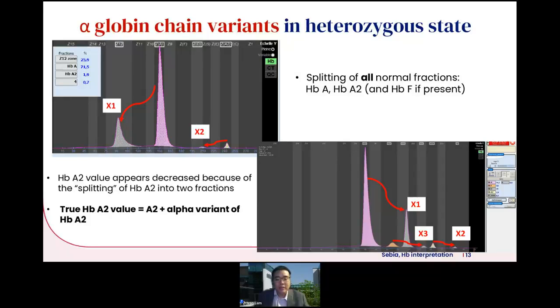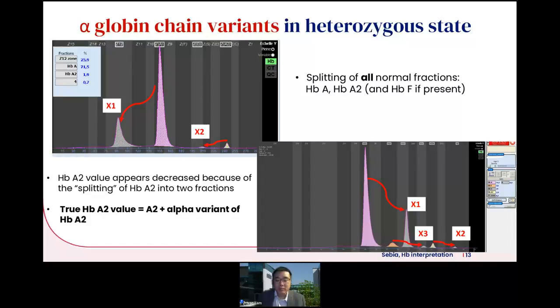So these are the actual capillary electrophoretic profiles of alpha globin chain variants. You will see a distinctive splitting of all hemoglobin peaks. Another important point about this splitting is that it actually happens in an equidistance on the x-axis. So all the alpha variant globin peaks that are being formed shift in equidistance.